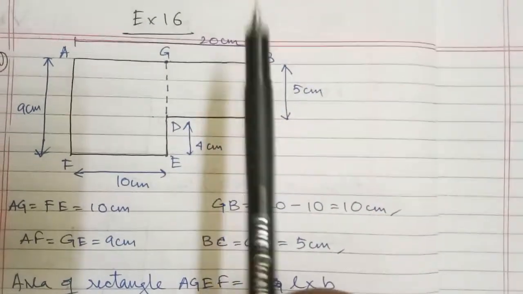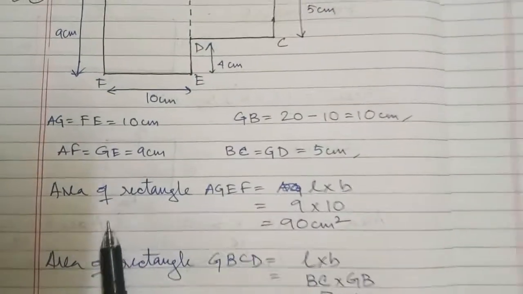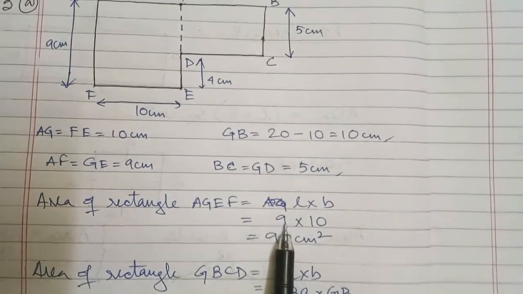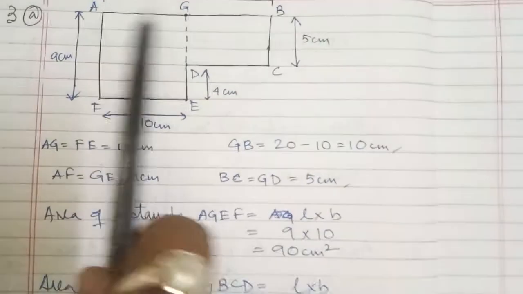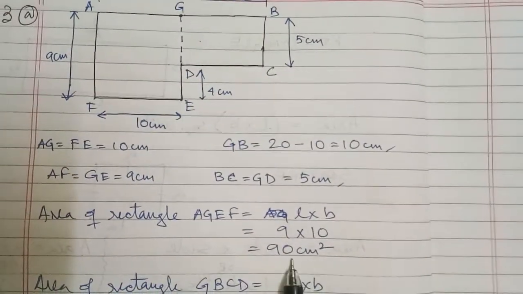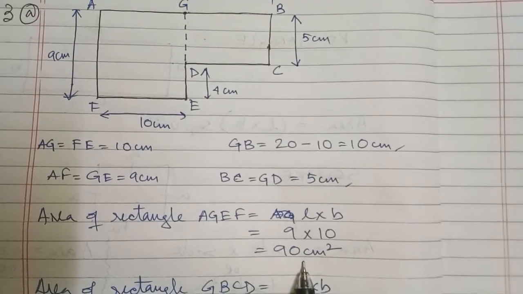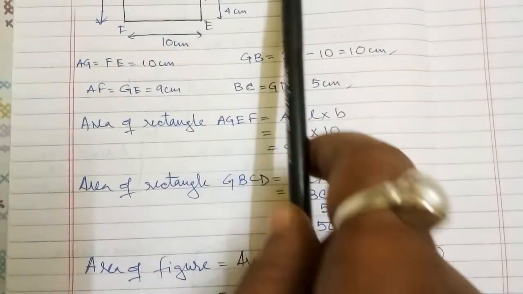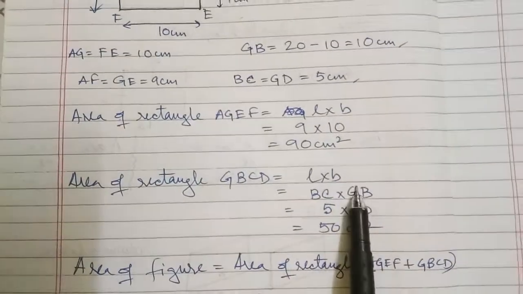Now in this figure, the area of AGEF equals length into breadth. This is the length and this is the breadth. 9 into 10, it is coming 90 centimeter square. Next, the area of GBCD, length into breadth.